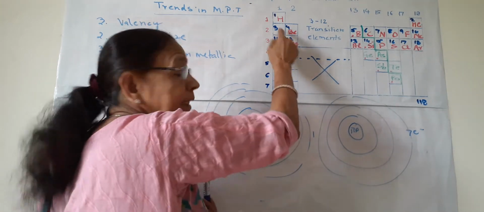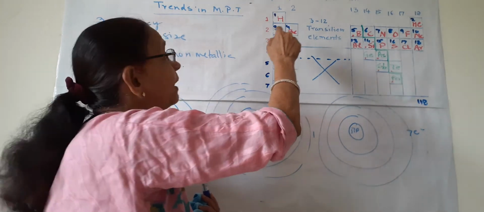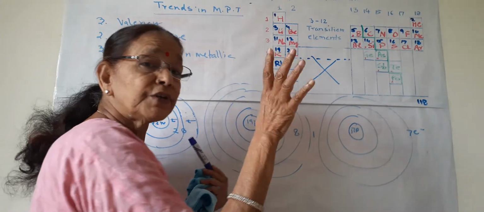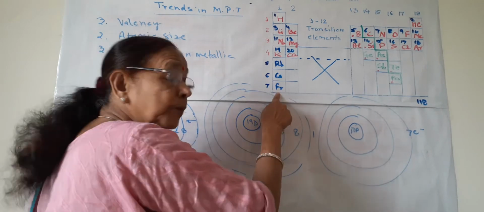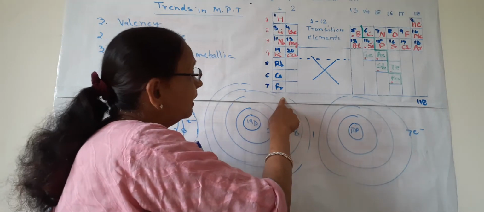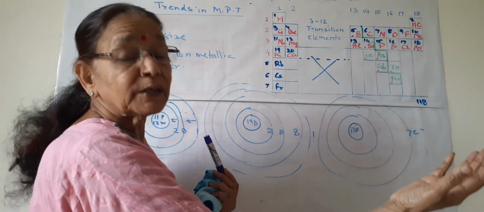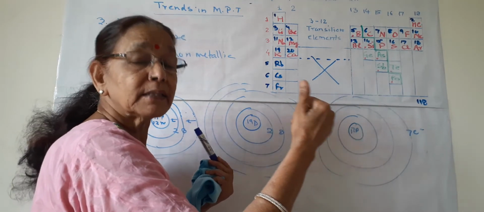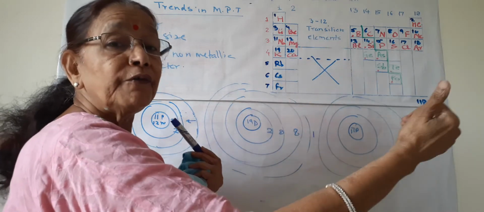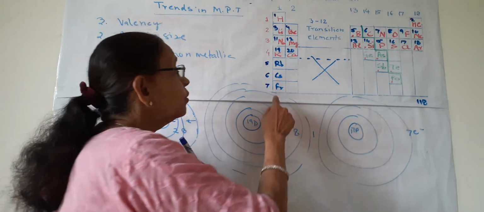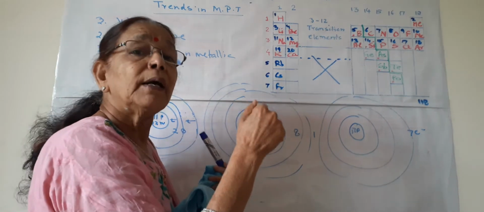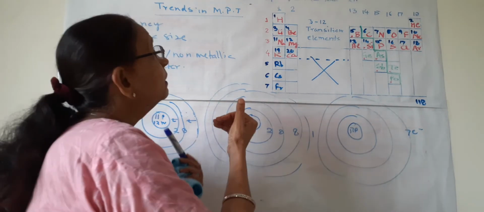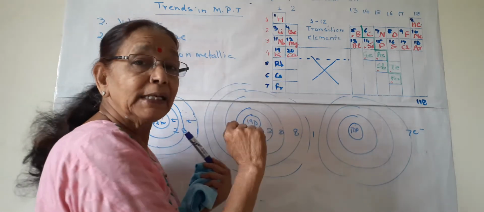It is not easy for lithium to lose the electron because there is a force of attraction. Here 7 shells are present, so the nuclear attraction on the 7th shell is less. It is far away. The 7th shell is quite far from the nucleus. So the nucleus cannot attract the valence electron as strongly as in lithium.